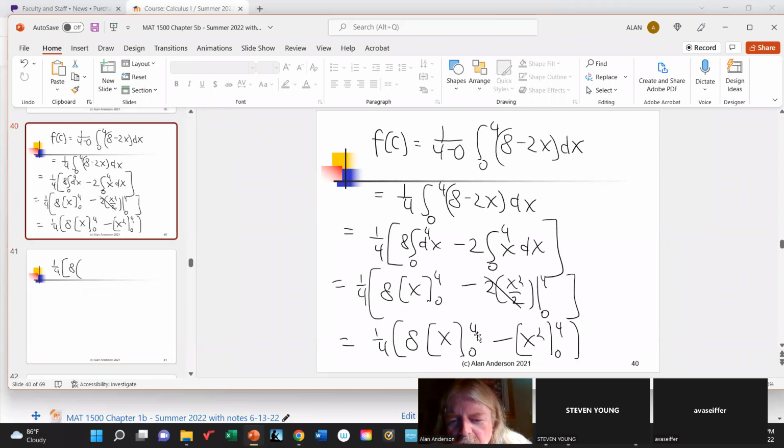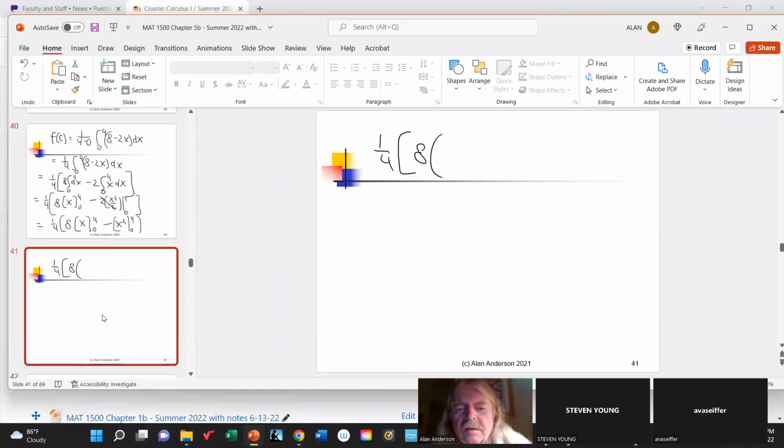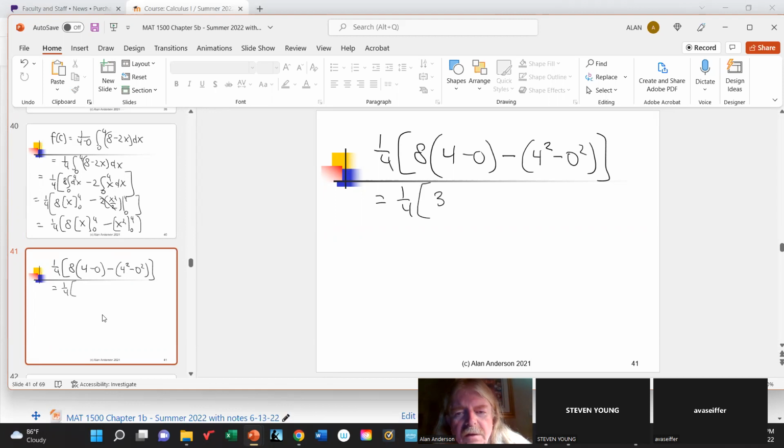X evaluated over the range from 0 to 4 is 4 minus 0. And then we'll have here x squared. Okay, so in other words, remember, this was x squared, this is x. So 1/4, 32 minus 16. All right, there you go, 4.